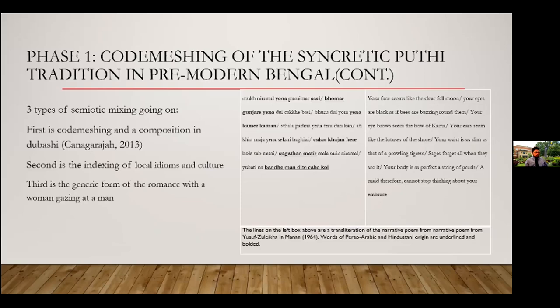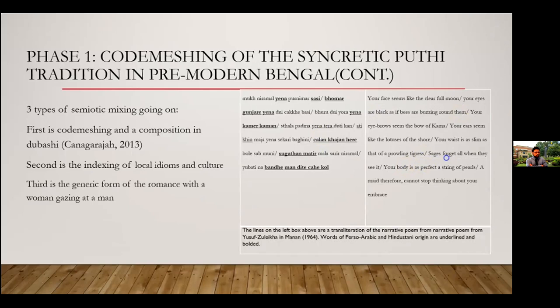So you have the idea of Kama, the bow of Kama, which is a Hindu god, and then the lotus of the shore. So again, these are Hindu iconographies that are being communicated here. And in Islamic culture, there was never the figure of the sage as you see here as well. So these are mixings of cultural codes going on.